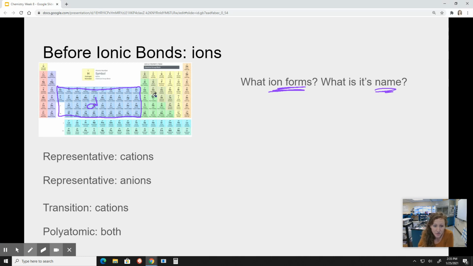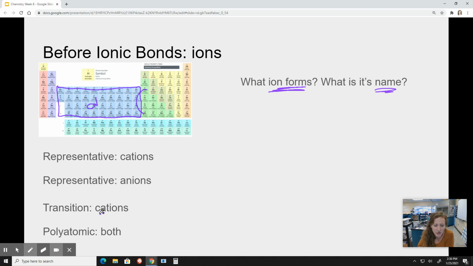And they actually are going to include some metals down here as well. And we'll talk about why some of the P block metals get included in this pattern. Okay, so for now, let's focus on the transition cations.